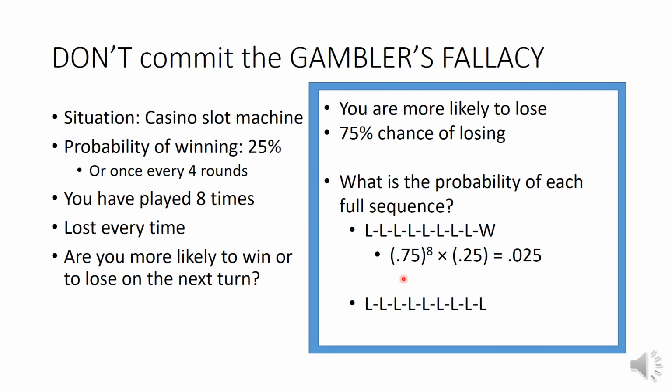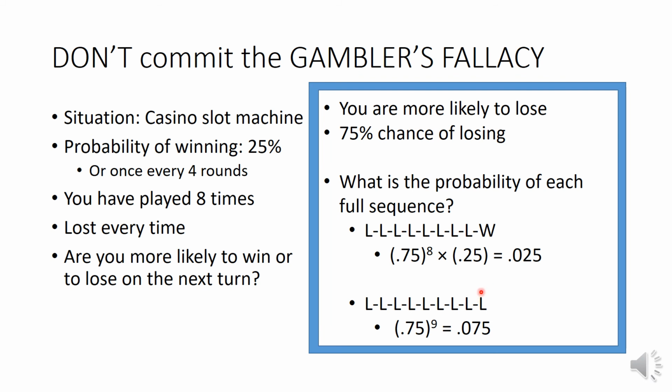And then what about the sequence where you lose 9 times in a row? How we would calculate that is just 0.75 to the 9th power. Again, this is going to be off by a number of decimals, but one thing to notice is that 0.075 is 3 times higher than 0.025.